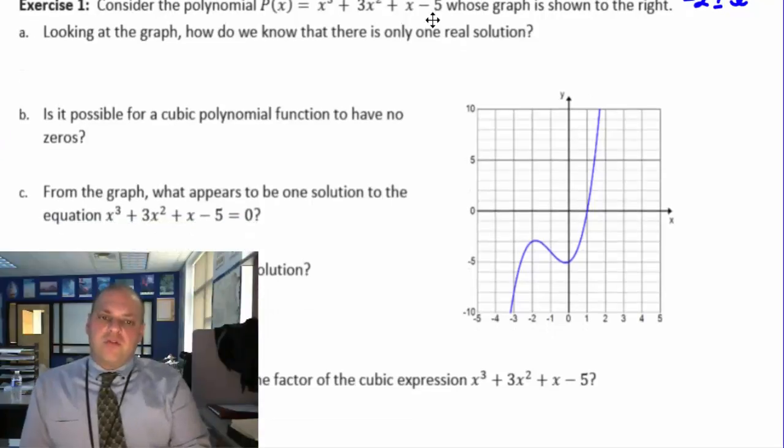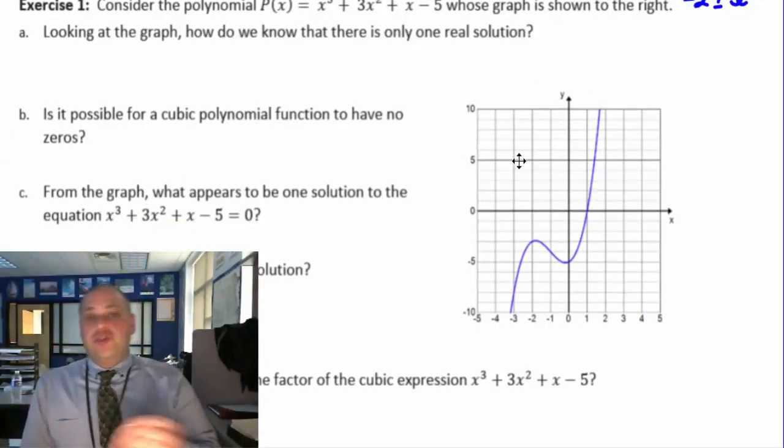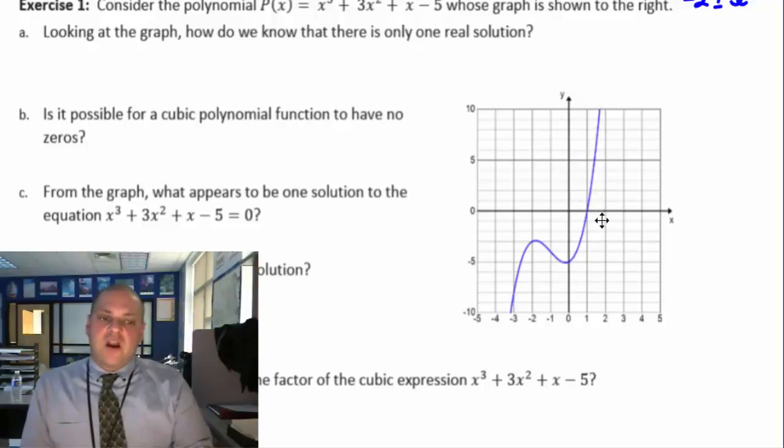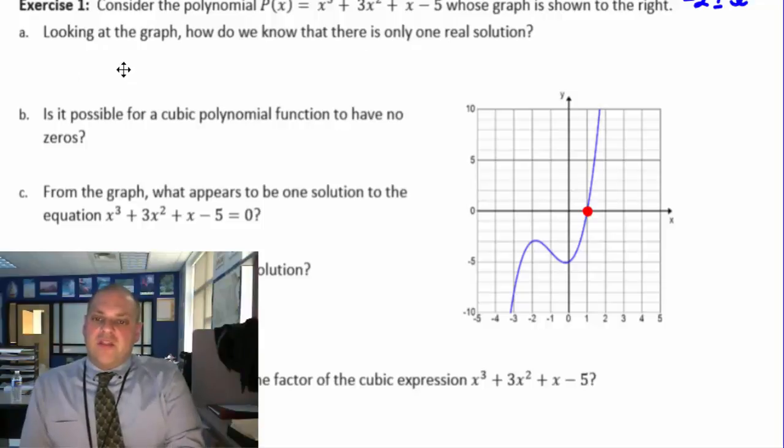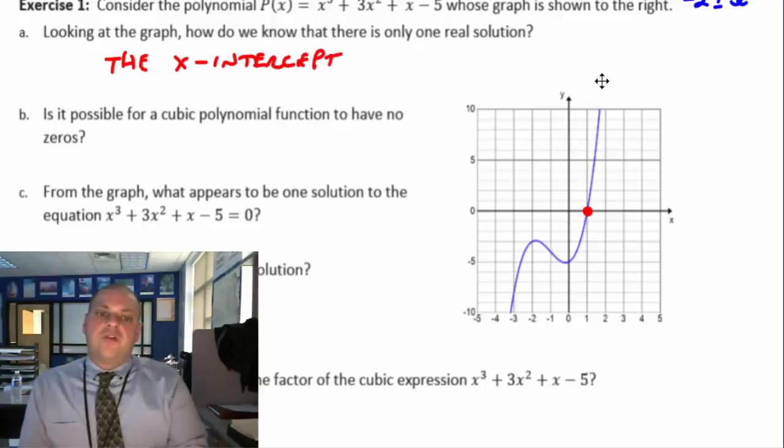Well, you should know that the real solutions are the x-intercepts. So looking at this graph, there is only one real solution, the x-intercept.